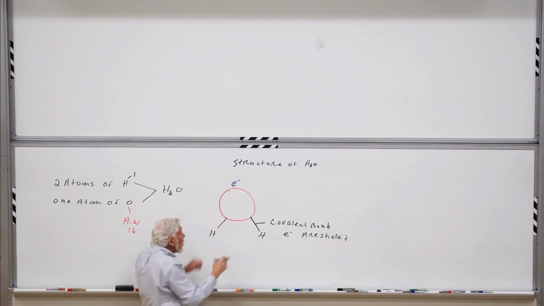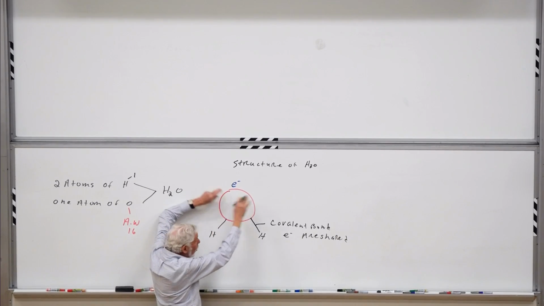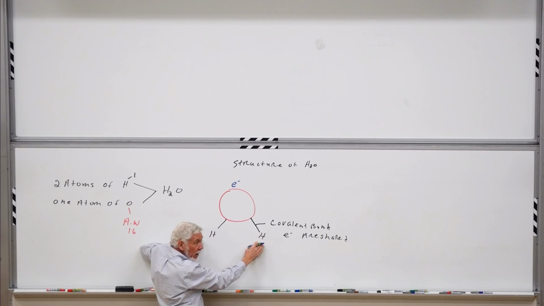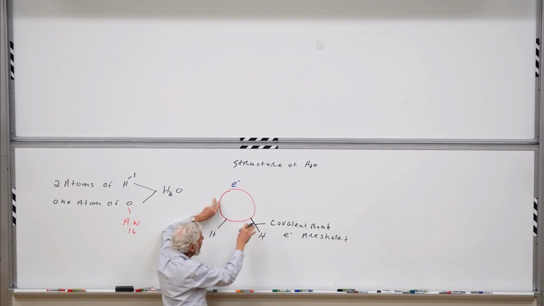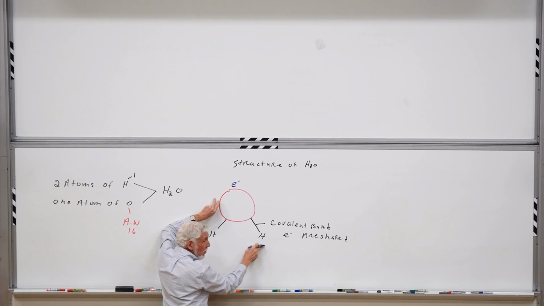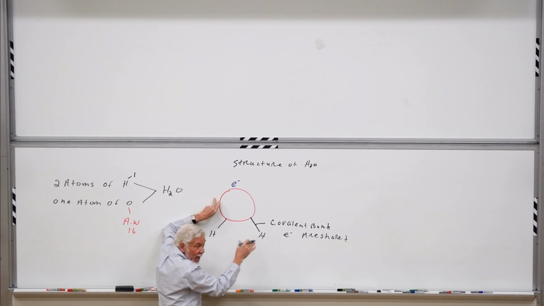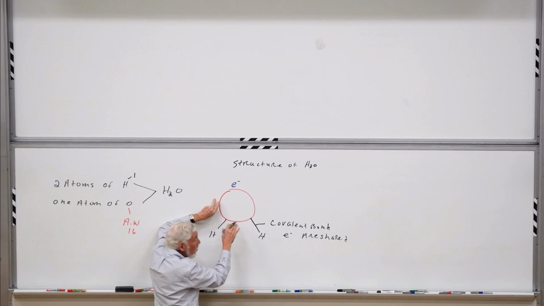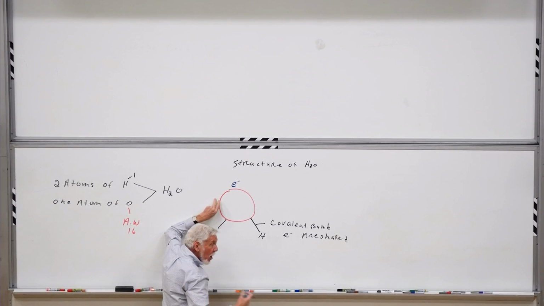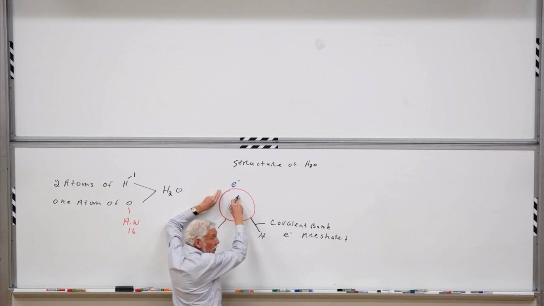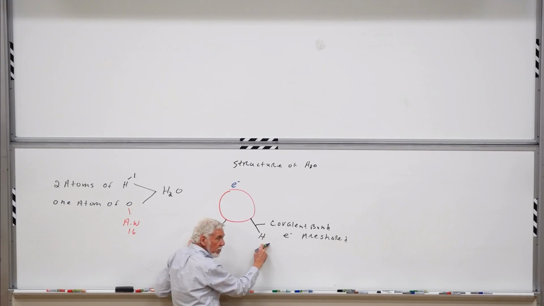You can think of this as though the oxygen has borrowed or stolen the electrons from the hydrogen. Now, it's true we don't know exactly where in this cloud of electrons the electron is from these hydrogens. Dr. Heisenberg told us that we can't tell exactly where in space and time those electrons are. But on average of time, these electrons are spending more time around the oxygen than they are around the hydrogens.